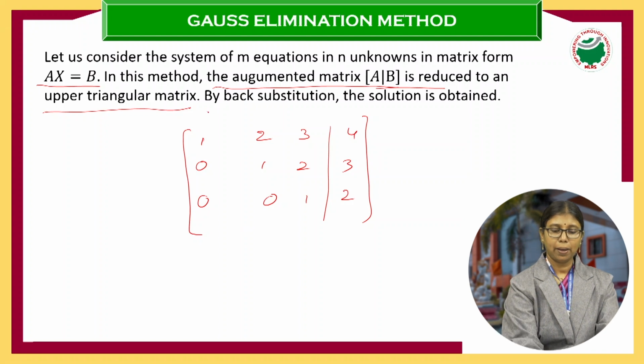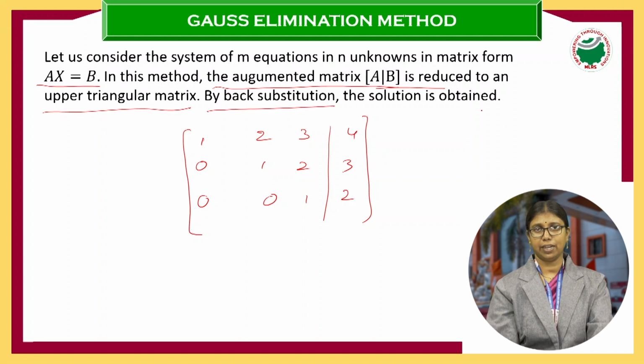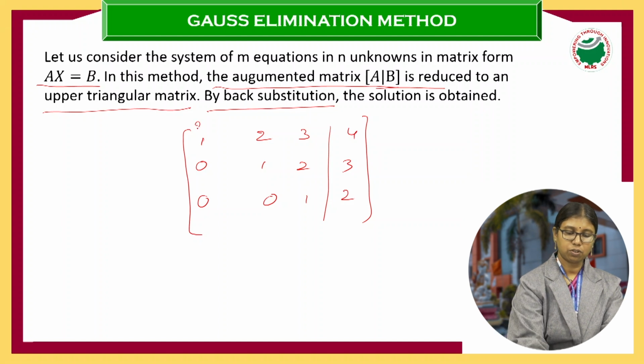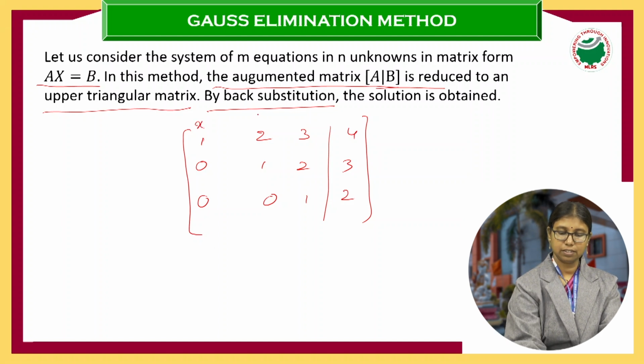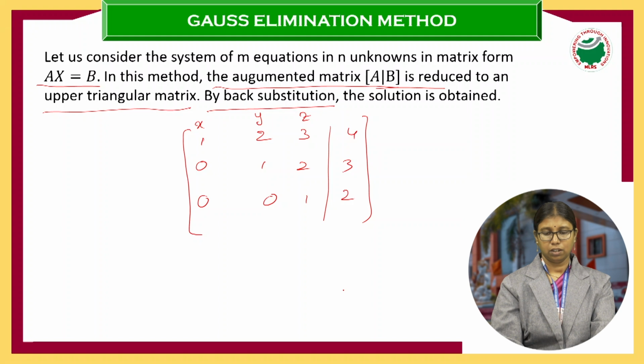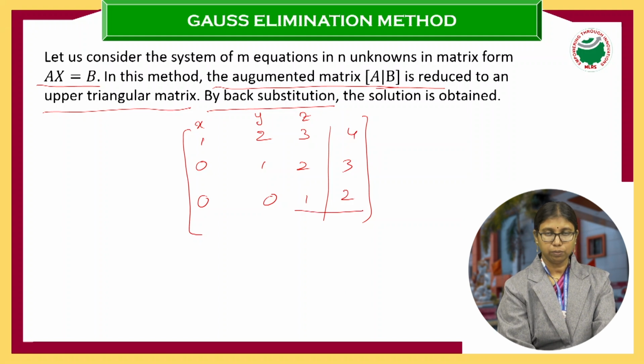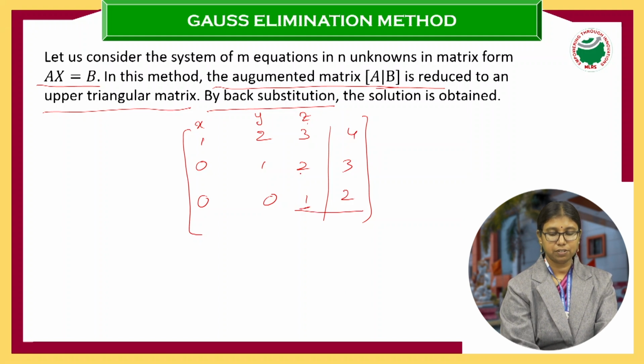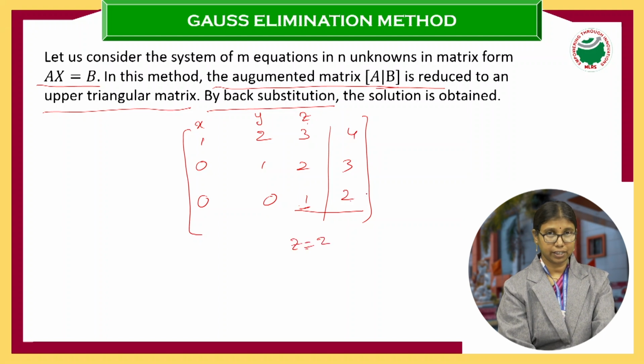So here, by back substitution, you treat the first column as multiples of x, the second column values are the multiples of y, the third column values are the multiples of z. Now see, if you take the third row, third column, it's a multiple of z. That means here z is equal to 2. Directly you will get the value.